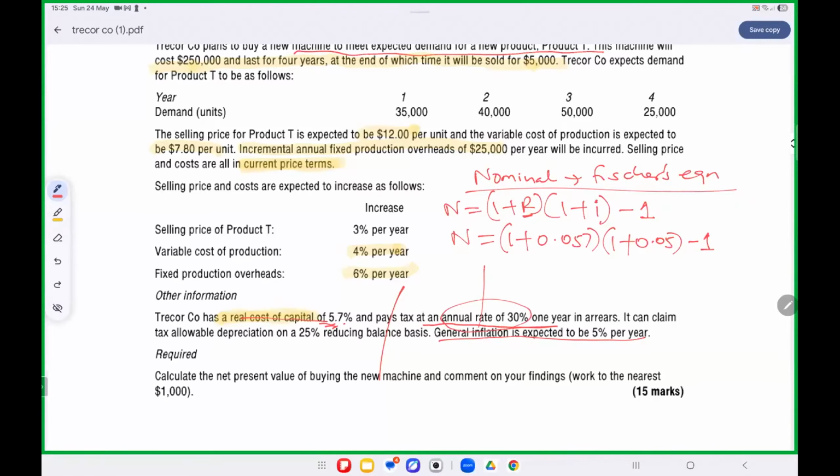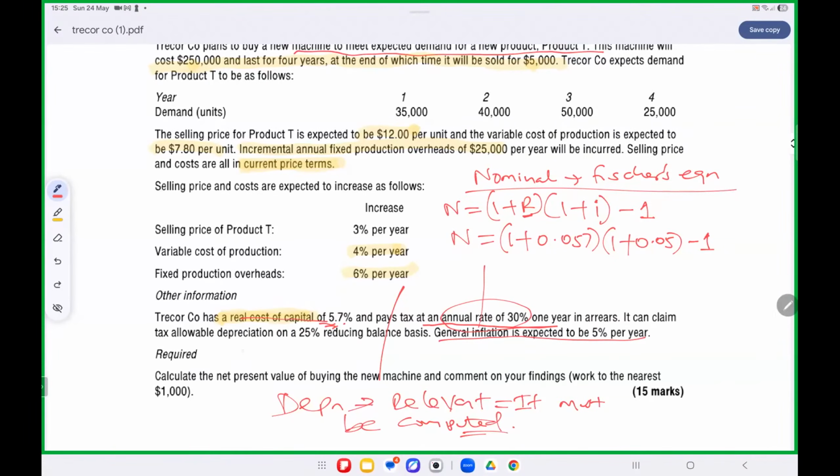So remember, whenever taxation is given, automatically depreciation is relevant. If it's relevant, it means that it must be computed. This depreciation must be computed. So let's go ahead and compute this depreciation.